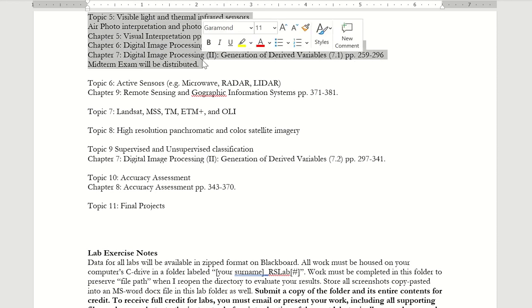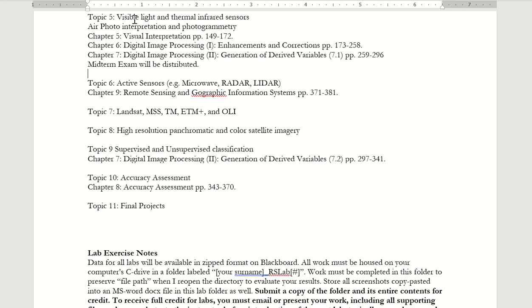Next, the really long topic: visible light and thermal infrared sensors, air photo interpretation, and photogrammetry. These data products are maybe more easily interpreted visually by the human eye than what we see in topic 6, these active sensors.